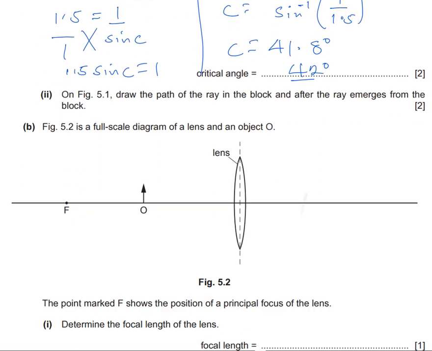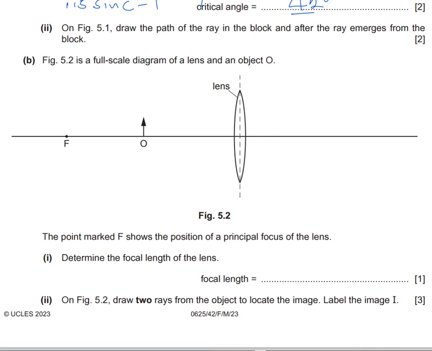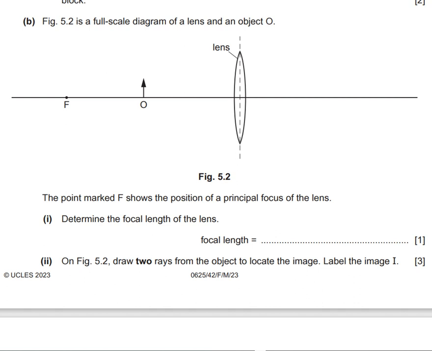So let's continue to part B, which is in a full scale. They are asking us to draw the path of light in the block and after the ray emerges from the block. So here we are supposed to first of all determine the focal length of the lens.